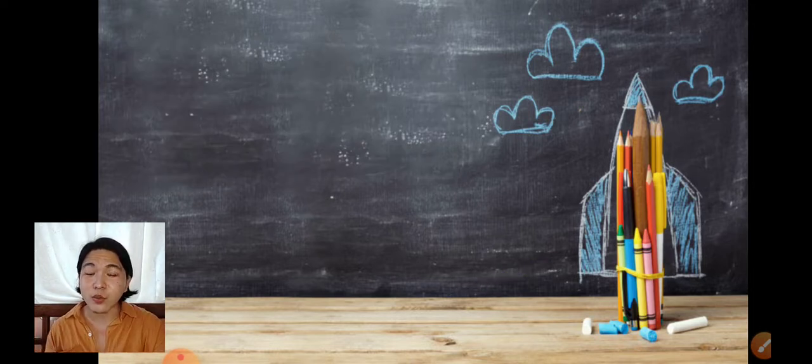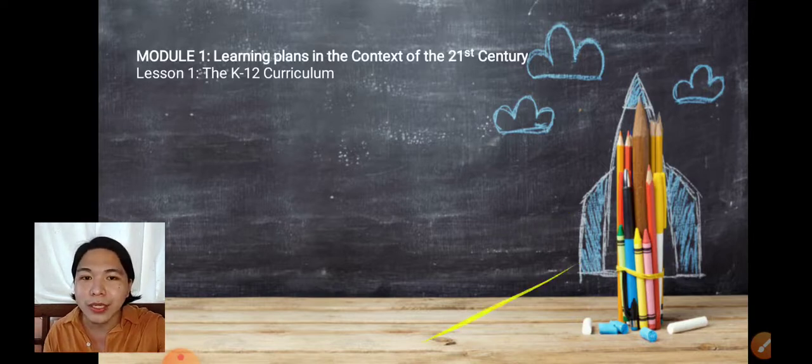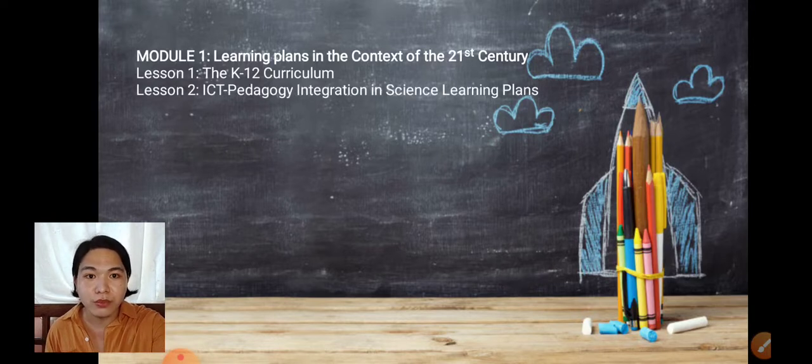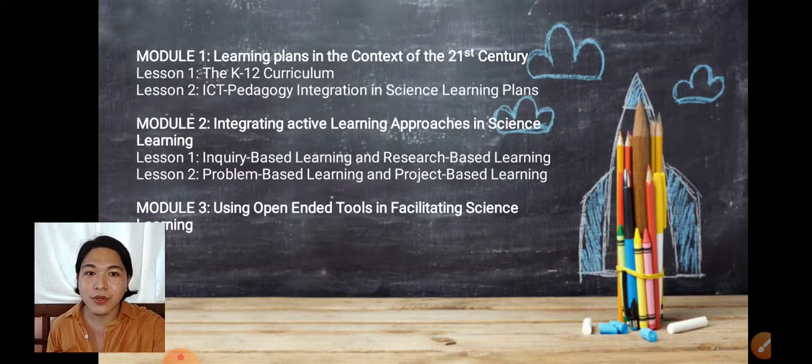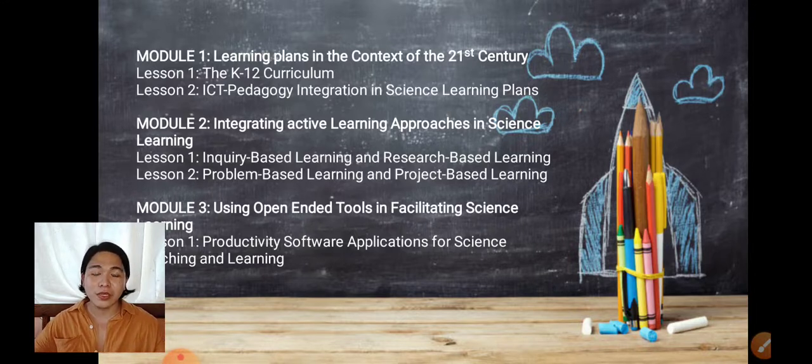And for you to get acquainted with the topics, here they are. There are only a few topics; we only have 5 modules. Module 1, Learning Plans in the Context of the 21st Century K-12 curriculum. Module 2, Integrating Active Learning Approaches in Science. I know that you are on your third year as a college student, but there is always room to learn more about the theories when it comes to learning.